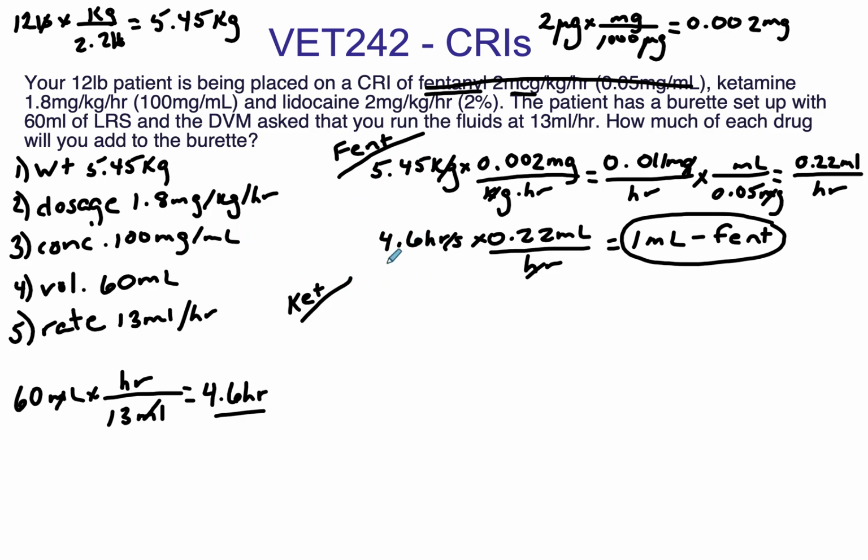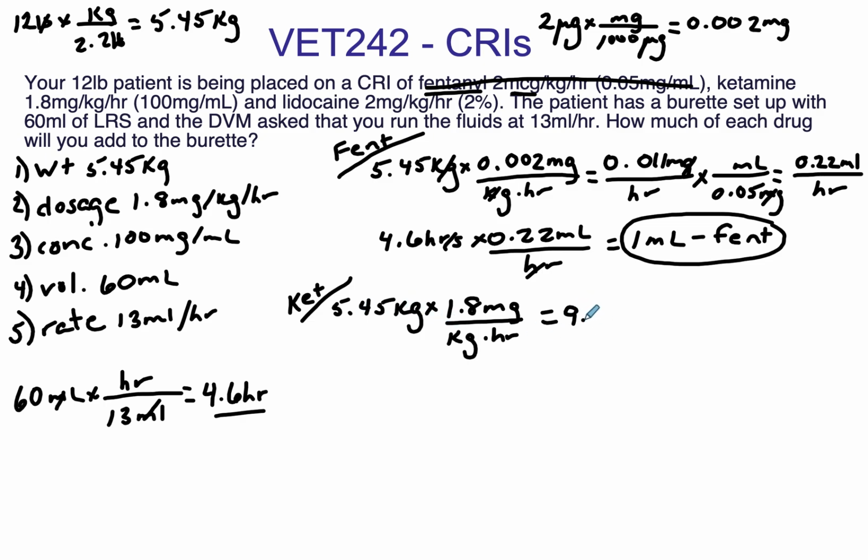Okay, so I'm going to go ahead and just do it all again, which is good practice in the end. 5.45 kilograms, my weight, multiplied by my dosage, 1.8 milligrams per kilogram per hour. When I multiply that out, I get 9.81.